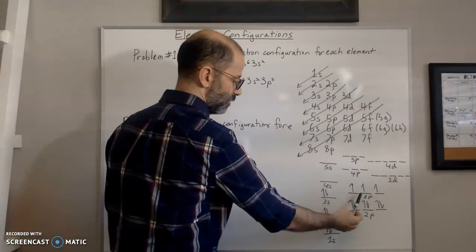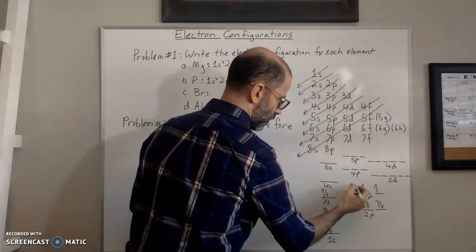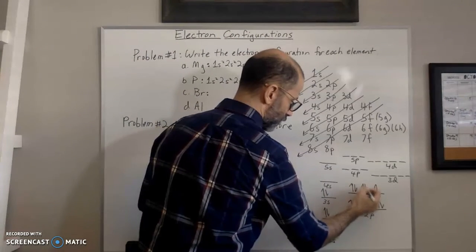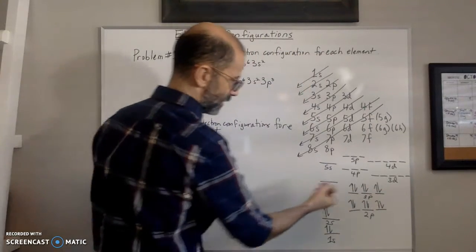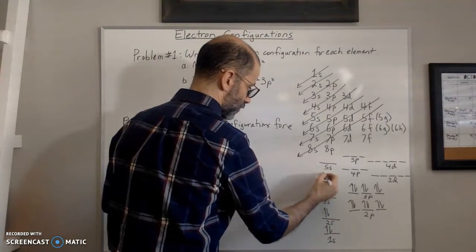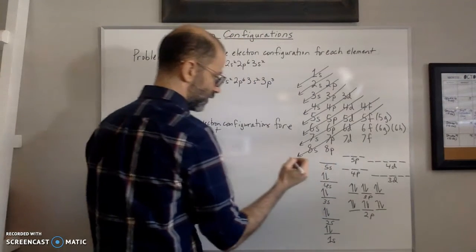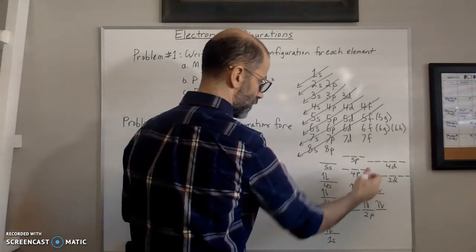So we have 15, so we have 20 more electrons to put in. So that means we're going to pair up the electrons here. So that's 18, and then we add 2 electrons here. That's 20. And then next, 4s, next is the 3d.